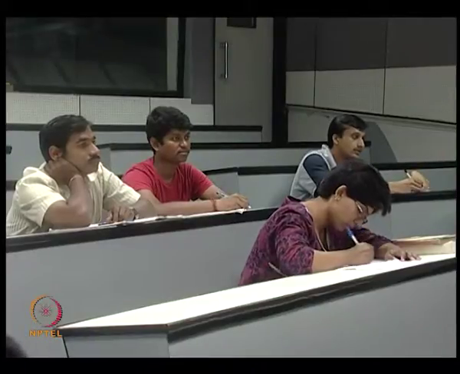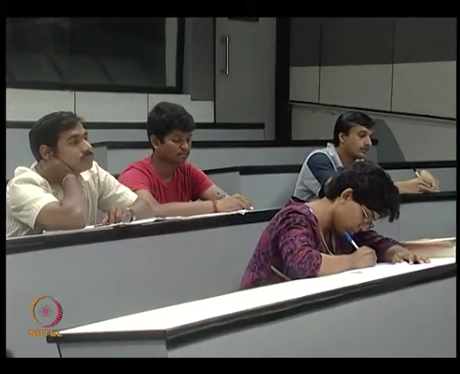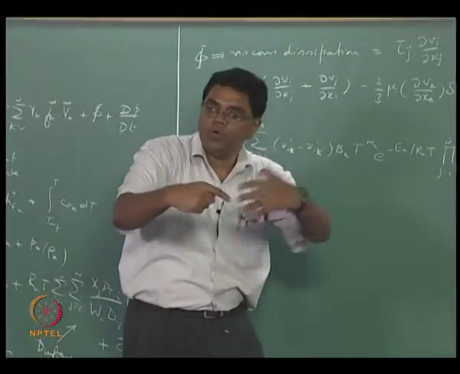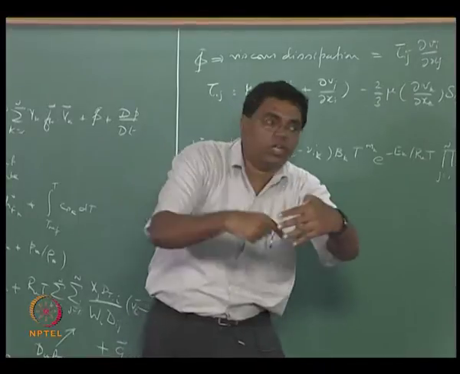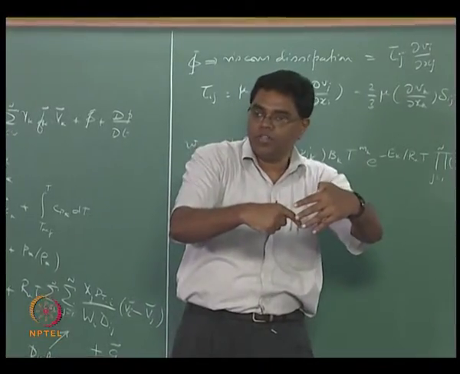A species is trying to move at a particular velocity, small vk vector, okay, and then you have a body force that is acting on it and trying to do work on this.